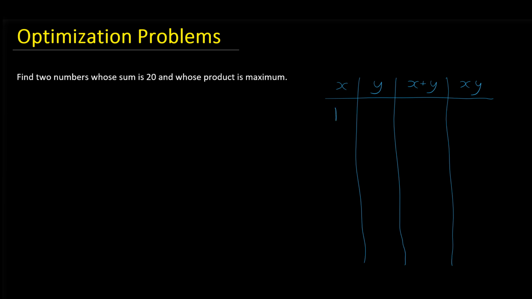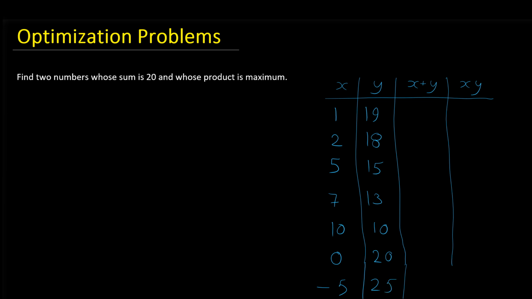For example, 1 and 19, 2 and 18, 5 and 15, 7 and 13, 10 and 10, 0 and 20, -5 and 25, and so on.